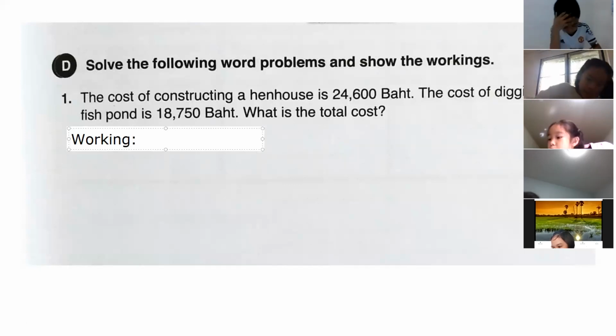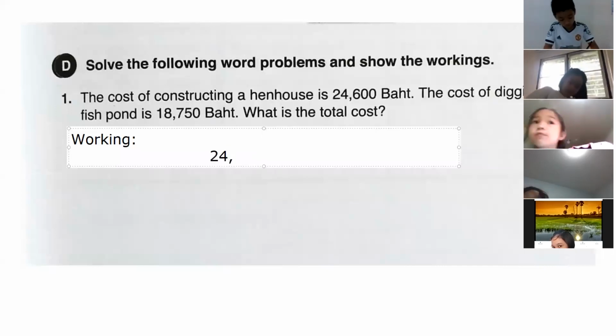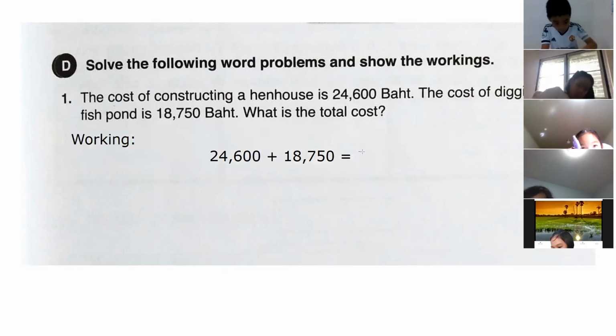Okay, and then the number sentence is going to be 24,600 plus 18,750 is equal to, where is the rectangle here? Okay, so leave it blank.